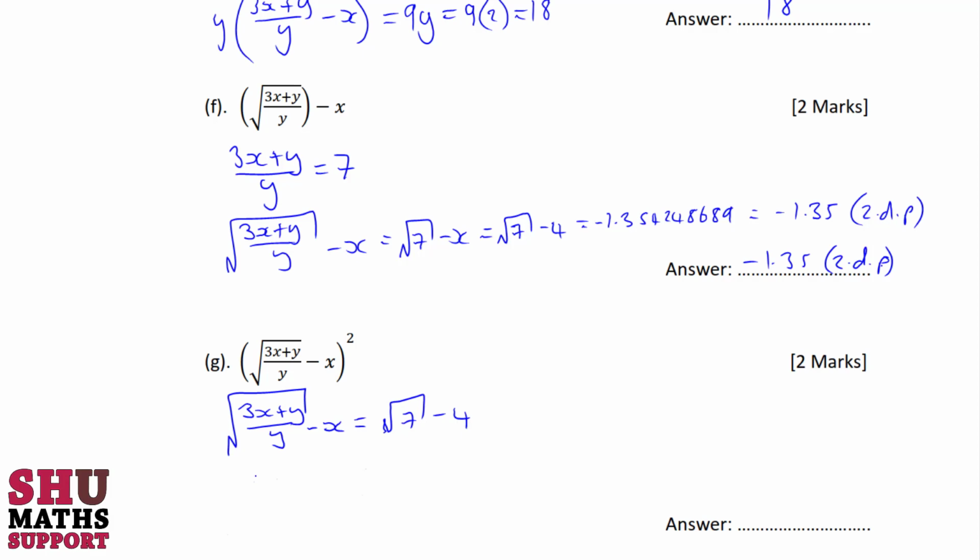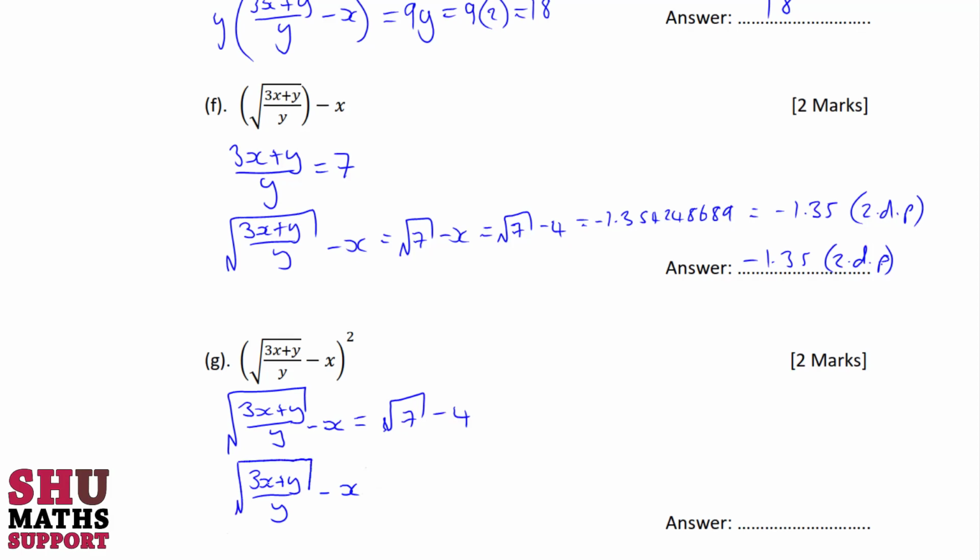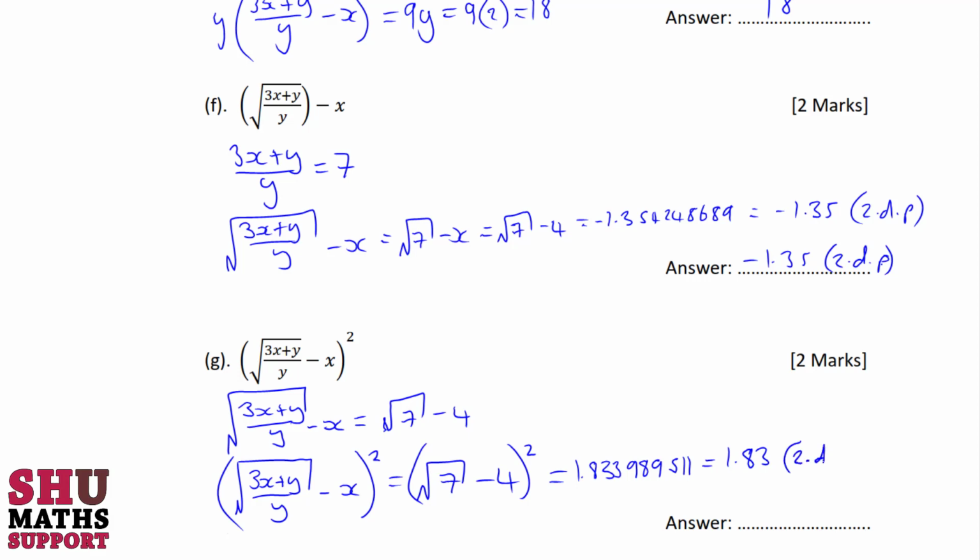So if we have 3x plus y over y minus x, that's square rooted and that's all squared, that's the same as saying, what is the square root of 7 minus 4 all squared? And if we were to put that in the calculator, we'd find that that's equal to the following. And then if we give our answer to 2 decimal places, we'll get 1.83. So in our answer line, we'll write 1.83 to 2 decimal places.